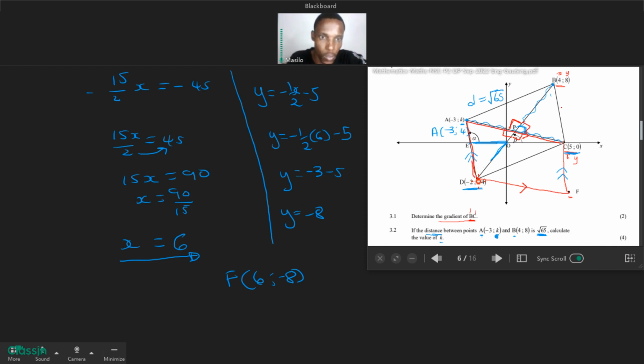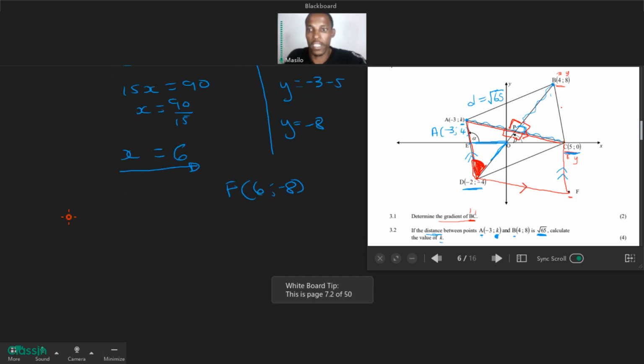So EDO is this one. We are looking for this angle. So we want to know how much is this angle. If we can know how much the angle is, then it means that we'll answer the question. Okay. Now let's check size of EDO.